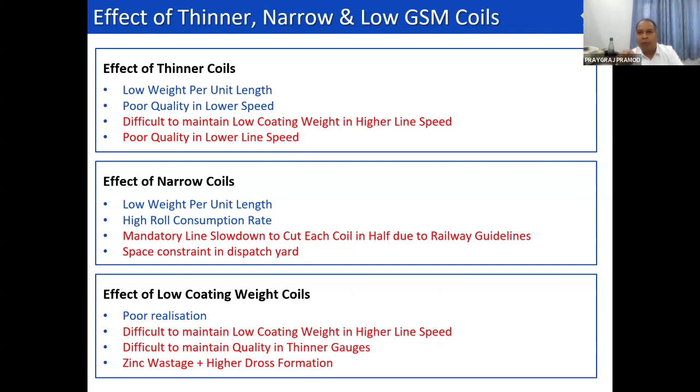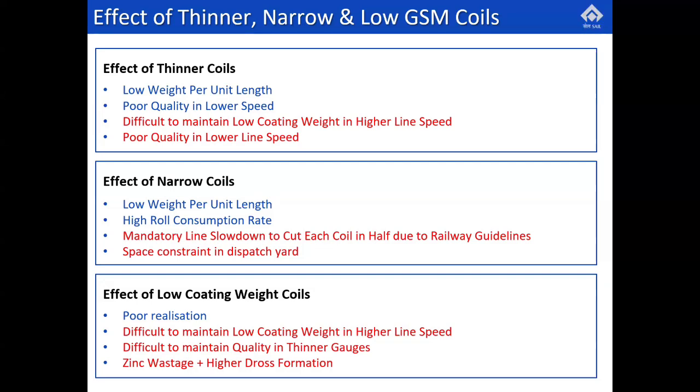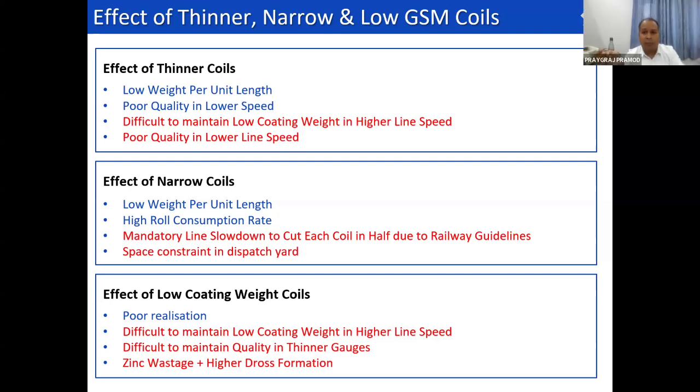We recently filed 3-4 quality complaints, and most of them were on 1.5 and 2 mm with zinc splatter and dross formation.